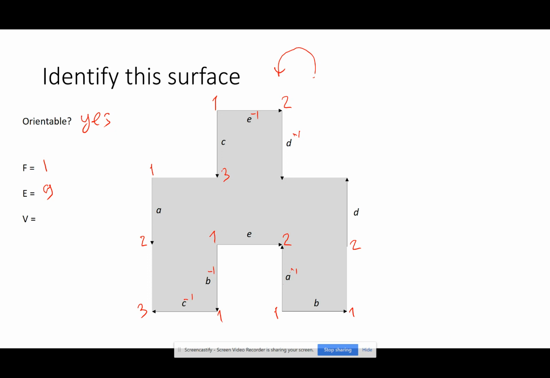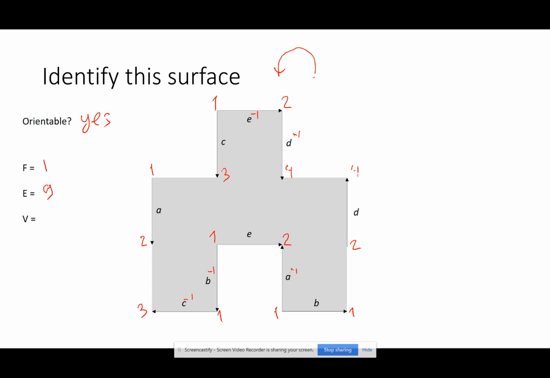Well, but that's all, right? Because it's next to an unlabeled edge. Okay, so now C connects vertex 1 to vertex 3. Now let's look at D. The tail of D has been identified as 2. Now the head of D, let's call this vertex 4. Now another copy of the head of D is here, and this is also vertex 4.